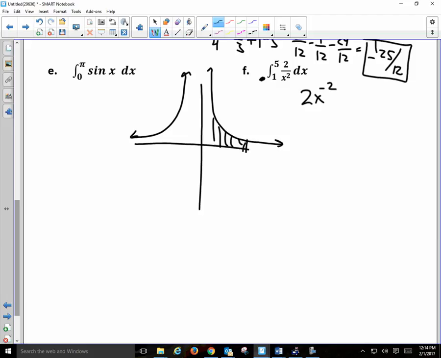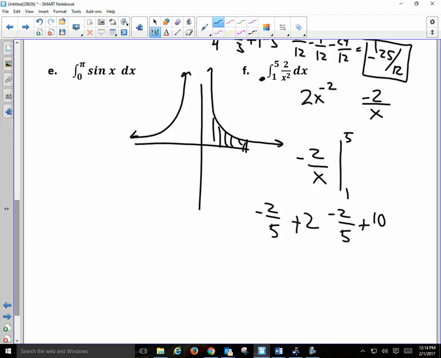What is the antiderivative? Negative 2 over x. Very good. So I take negative 2 over x, and I evaluate it at 5 and 1. Plug in the 5, negative 2 over 5. Minus, what do you get when you plug in 1? Negative 2, so plus 2. Or negative 2 over 5 plus 10 over 5 is 8 over 5.